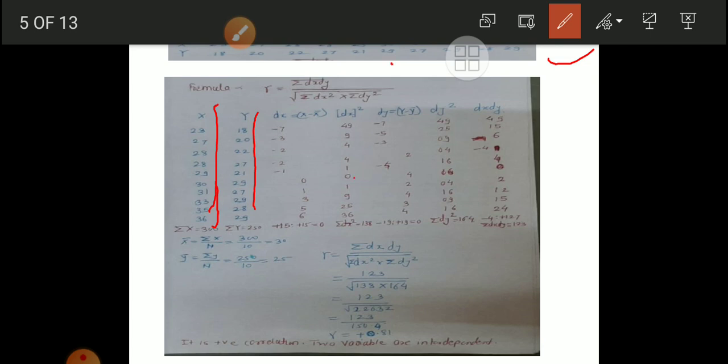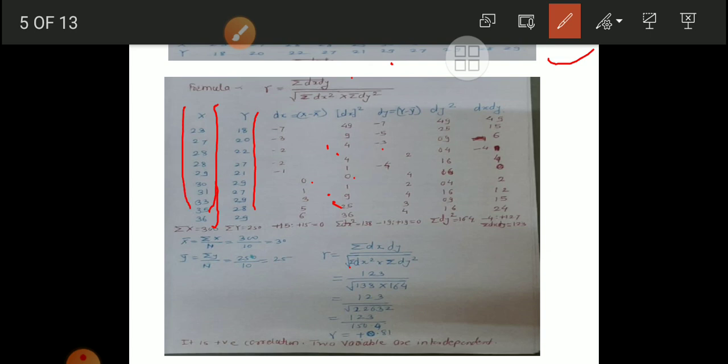Now, my friends, I always say: first of all, concentrate on the formula. The formula is: degree of correlation is equal to summation dx dy divided by the square root of summation dx square into summation dy square. So first we have to calculate these values in the table.